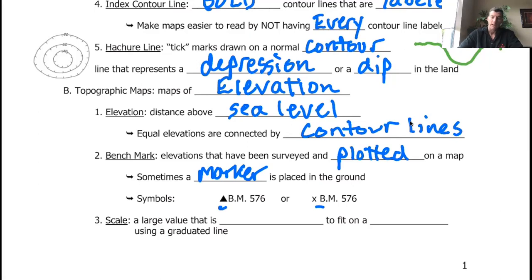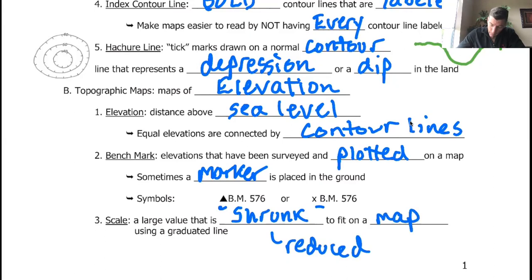So what we do is we take that giant area of land and we shrink it down to something that can fit on your desk or on your table. So we're taking a large value that is, and this is a weird word, shrunk or reduced to fit on a map using a graduated line. A graduated line is like a ruler.